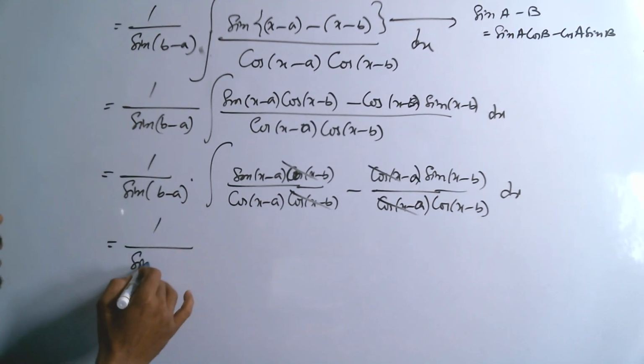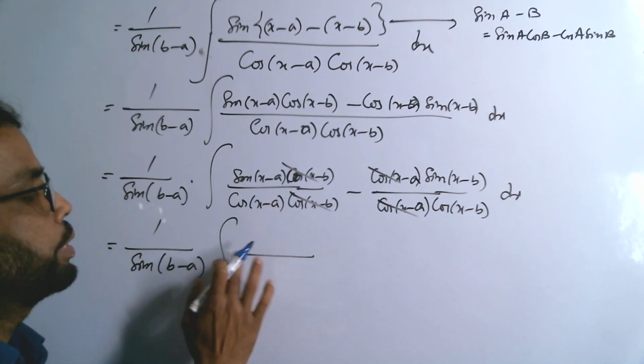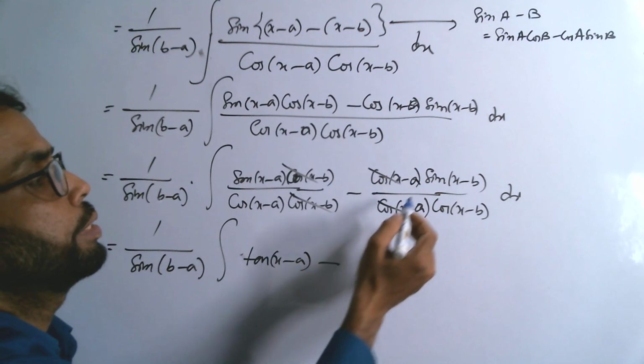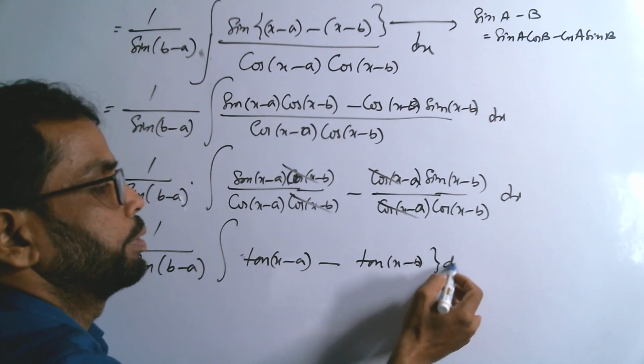This is remaining as it is. Sin by cos is tan, so this is remaining tan x minus a, and this is sin by cos remaining tan x minus b, so it is correct.